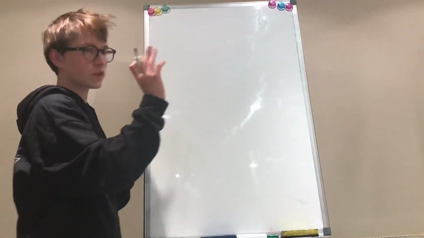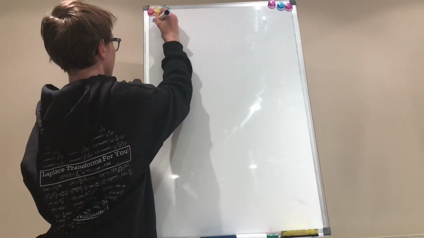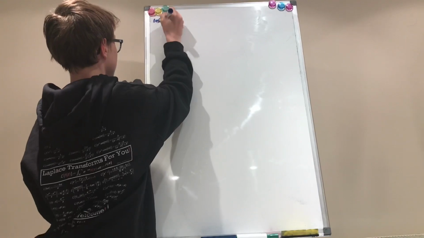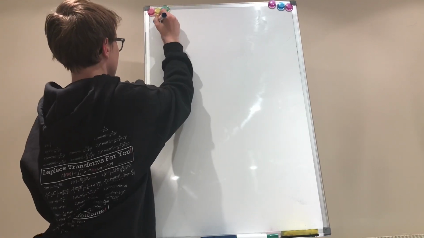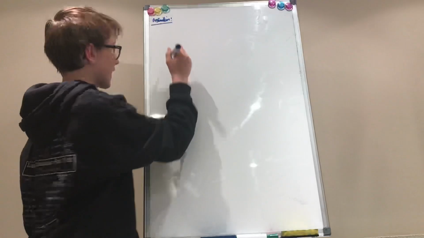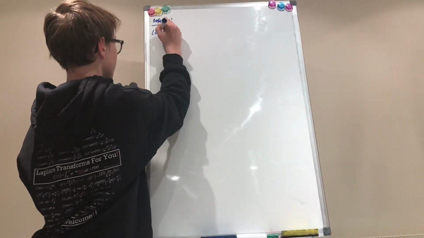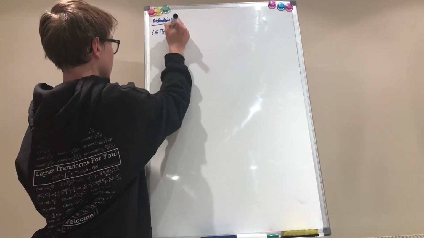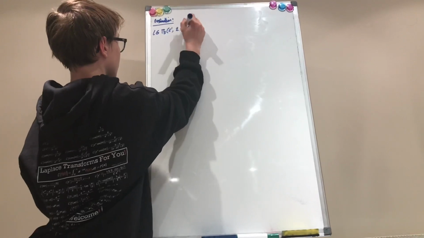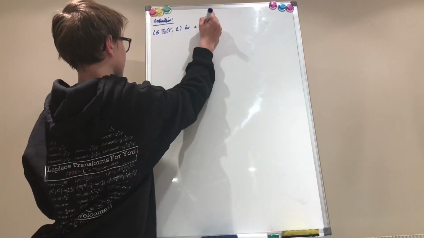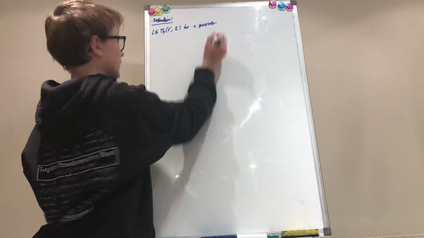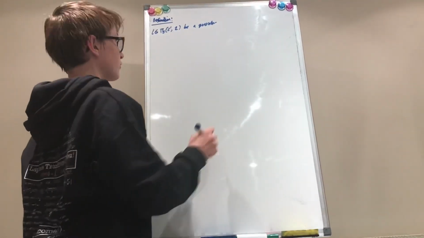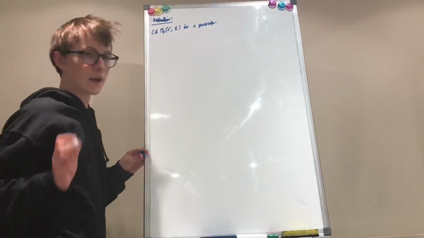So, first we have to define what the degree of f is. Let L in the fundamental group of the circle, with some base point 1, be a generator. Now we define the degree of f as follows.